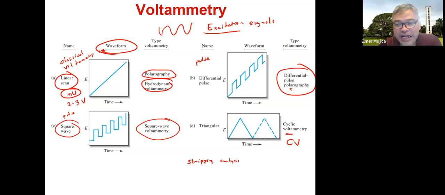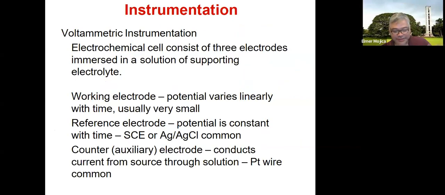Okay. Now, unlike potentiometry, usually potentiometry, they have what? 2 electrodes, right? In the 2 electrodes, you have the reference and the indicator electrode. Now, for voltammetry, you have here 3 electrodes.